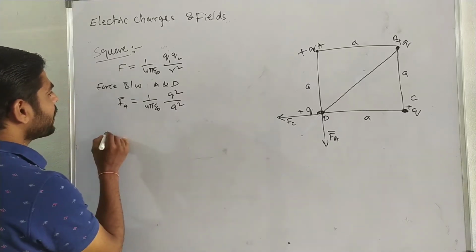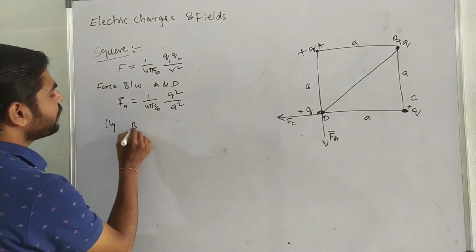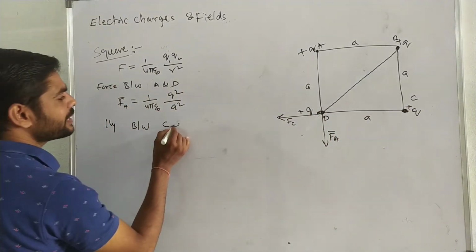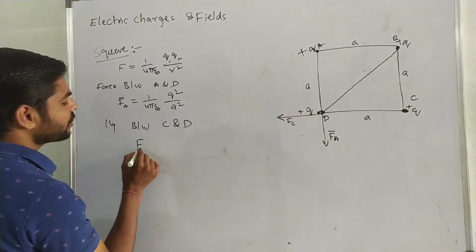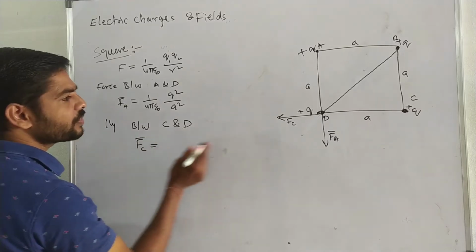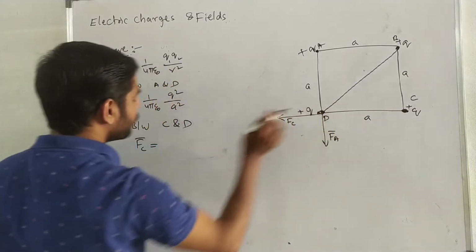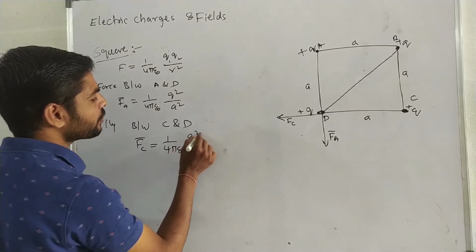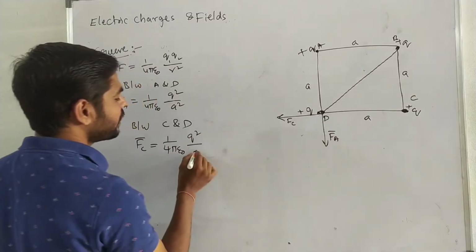Similarly, between C and D, the force is a repulsion force only, that is Q and Q only, and the remaining is the same, 1 by 4 pi epsilon naught into Q square by A square.